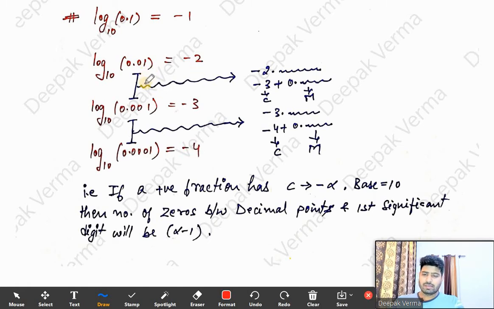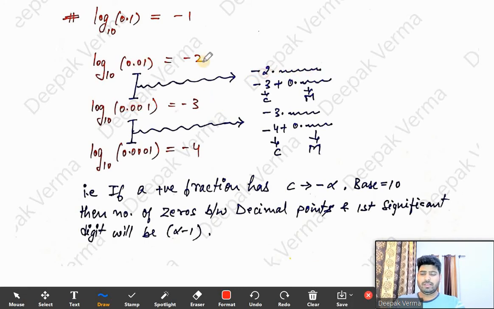So what's happening over here? Look, if we take log of any number between 0.01 and 0.001, got it? This is the bigger number, this is the smaller number. If we have any number between 0.01 and 0.001, then the outcome will be something like minus 2 point something something.